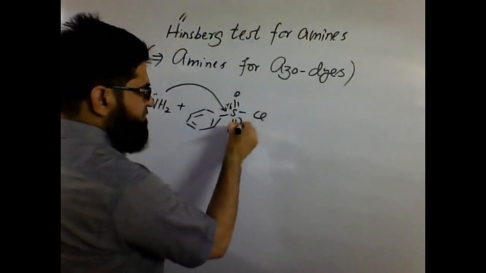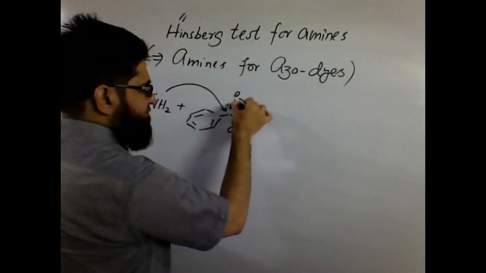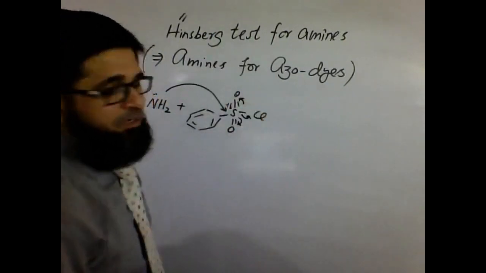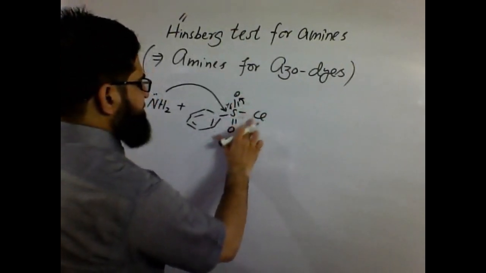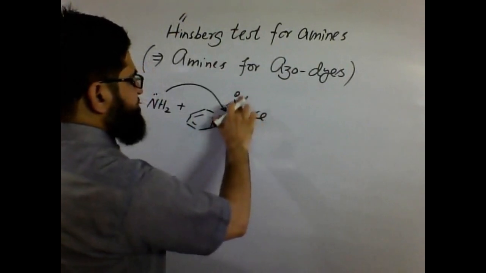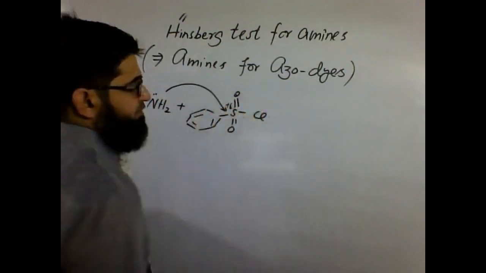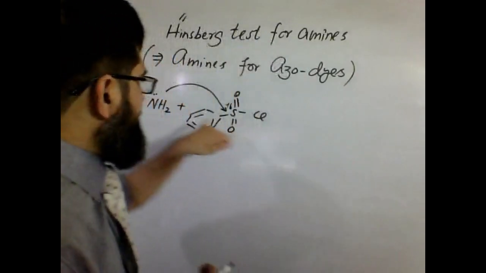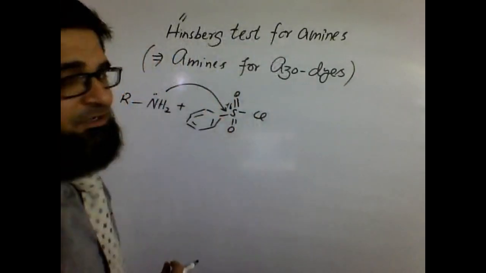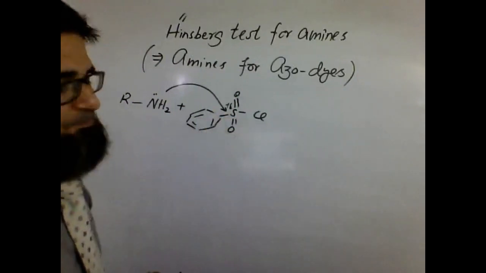So they pull the electrons towards them, leaving sulfur with a partial positive charge, and this generation of partial positive charge provides a chance for the lone pair of the nitrogen to attack at the sulfur atom.